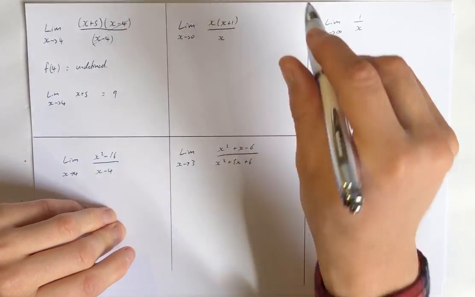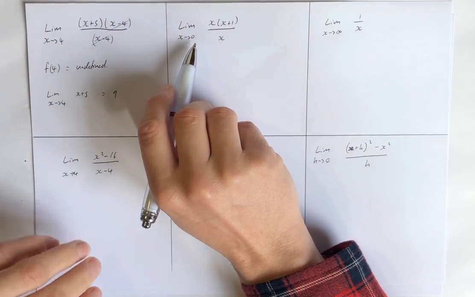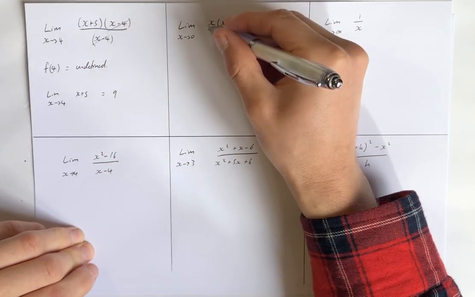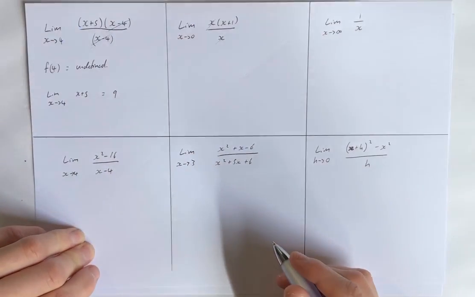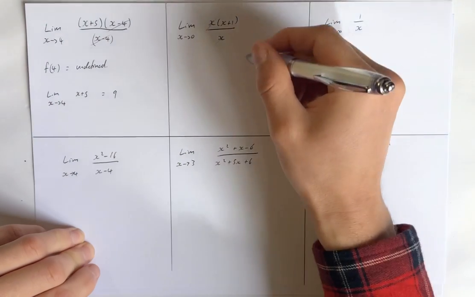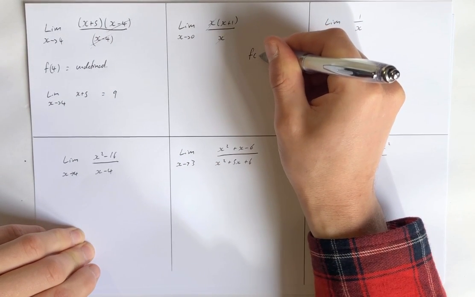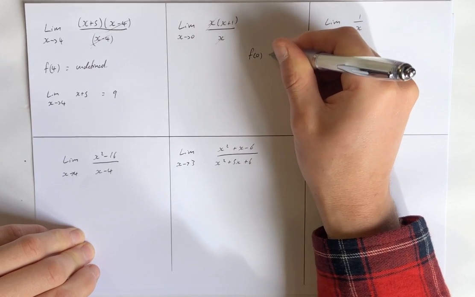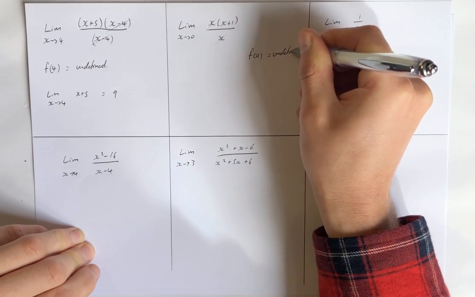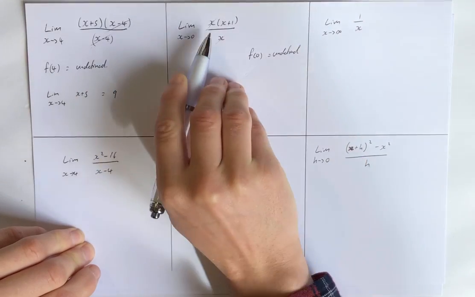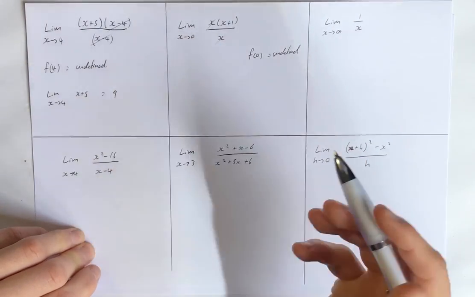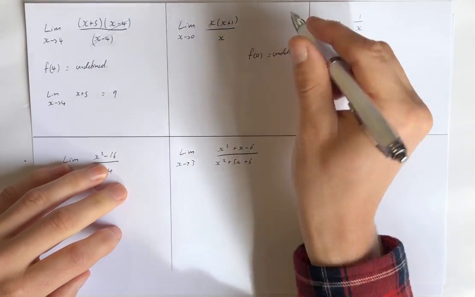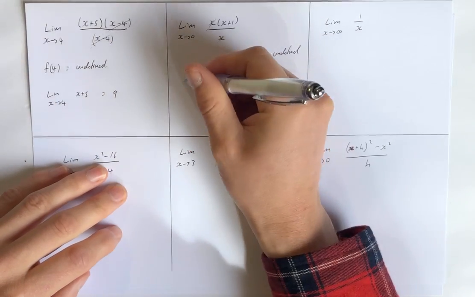Okay. So what's going to happen as the limit of this goes to 0? Well, again, we can divide by x, top and bottom, but then we have to say that f of 0 is undefined. At 0, we have 0 divided by 0, and that can't be defined, can it? We can't divide by 0. So what happens to x plus 1 as we get closer to 0?